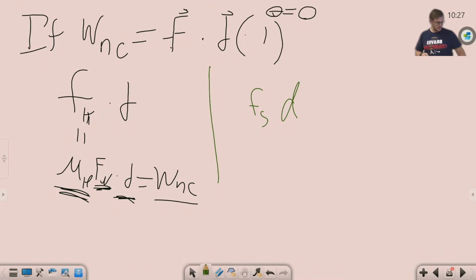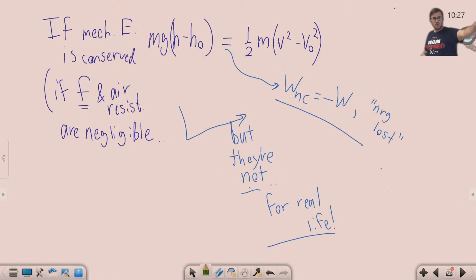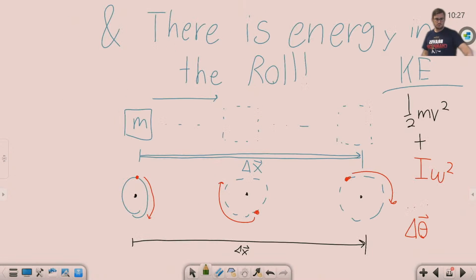So really, we can break this up even further. There's energy in the roll as well. When we're doing 1/2 mv squared, we're assuming it's moving down the ramp like a block, sliding across the surface. But it's not. It's sliding and it's rolling.